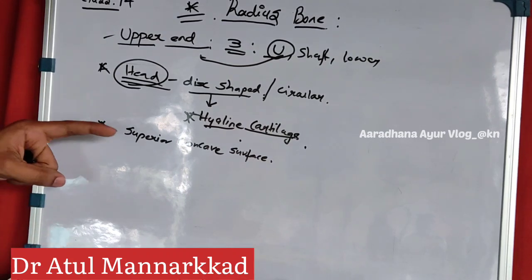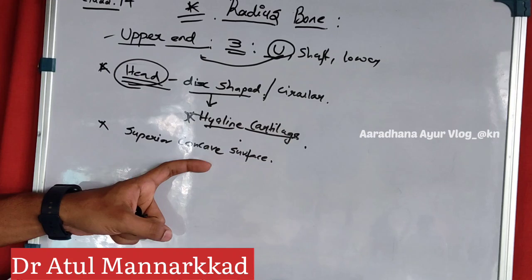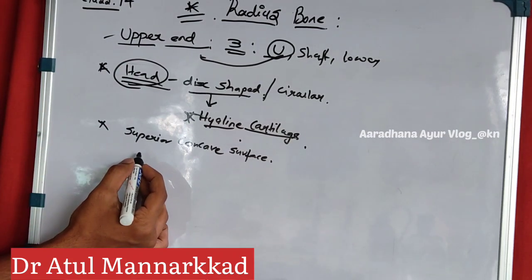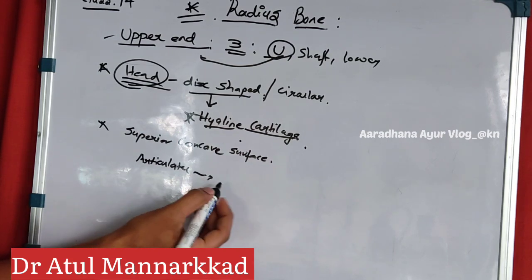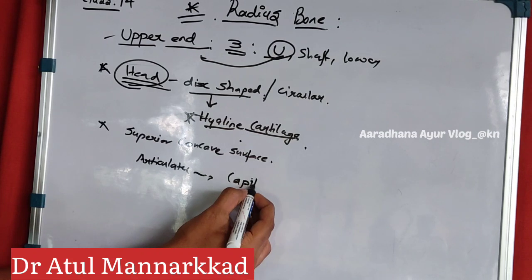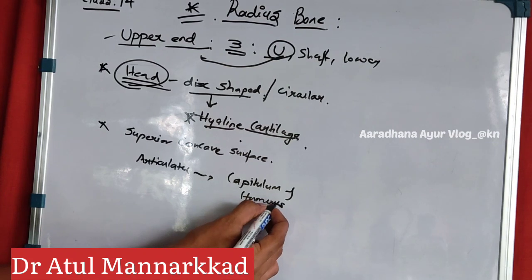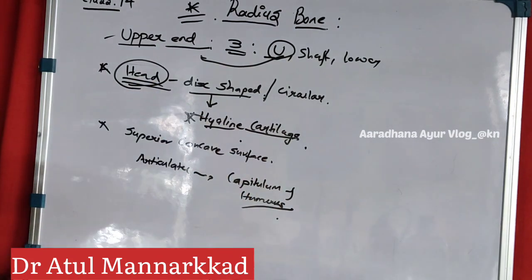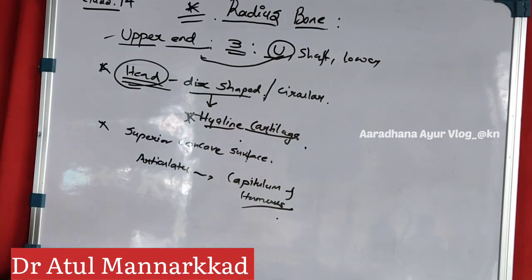The humerus is the superior bone; from the shoulder to the elbow regions, the humerus bone comes. At the inferior part of the humerus there is the capitulum, which articulates with the superior concave surface of the radius.